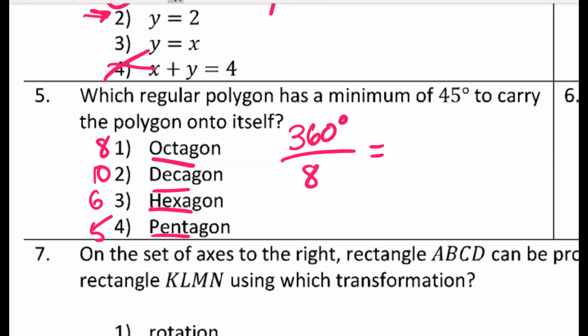And if you take 360 divided by 8, you get 45 degrees. So it must be the octagon that takes 45 degrees to carry onto itself. And you could try that through all of them if it's not answer choice 1. You could divide 360 by 10, divide 360 by 6, and so on.